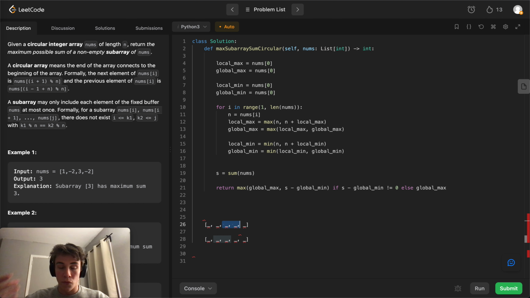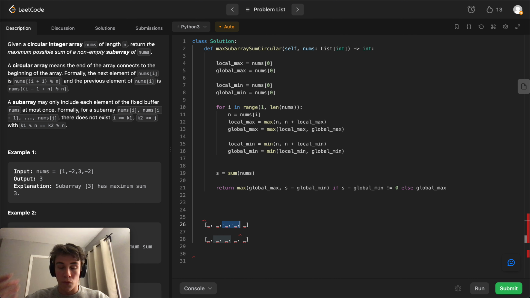We just take the sum minus the min global, and we all of a sudden get this excluded subarray, the max subarray that is wrapping around from both ends.